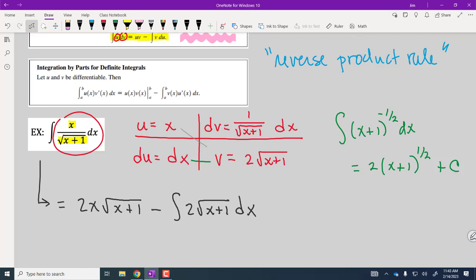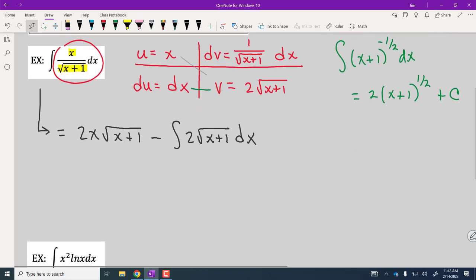If you come down here to something that's worse than what you started with, then you chose the wrong u and the wrong dv. So this is where we make that decision. And ahead of time is very, very difficult to know. So you pick your u, you pick your dv, right there. Now we assess that is integrable, so we made a good choice.